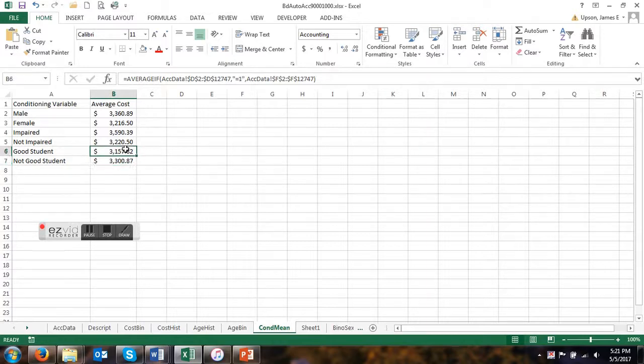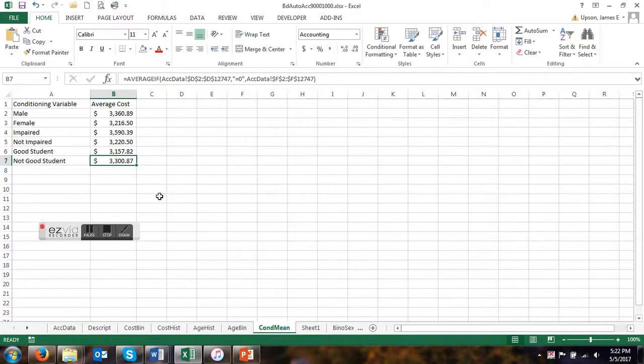In my sample, the good students are less expensive than the non-good students. So if I have an identifier that says you're a good student, meaning you have a B average, then you should probably end up paying less insurance, which is fine. This is what we're trying to look at and what actuaries actually look at.